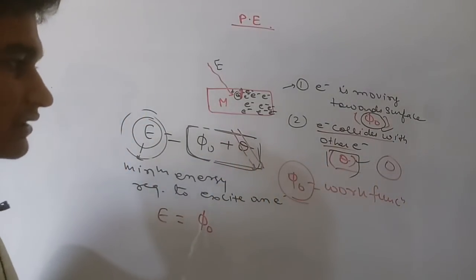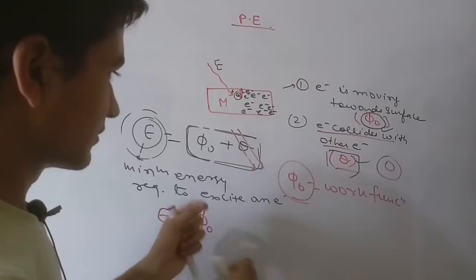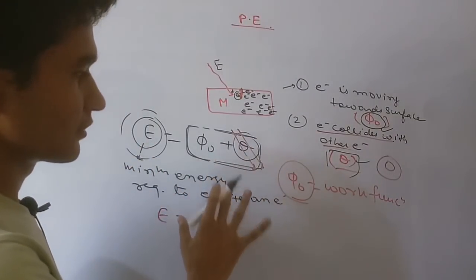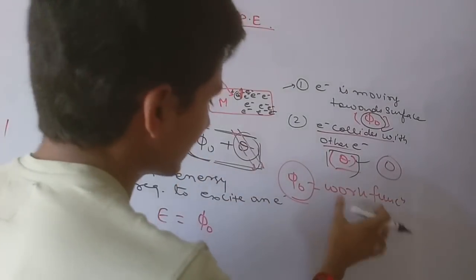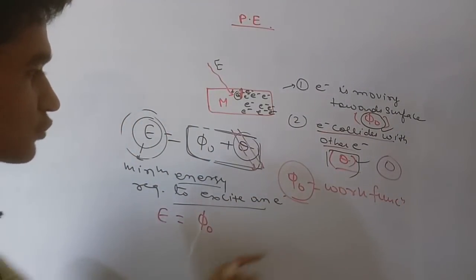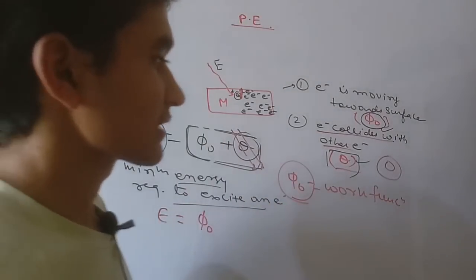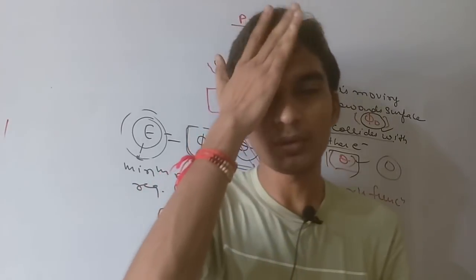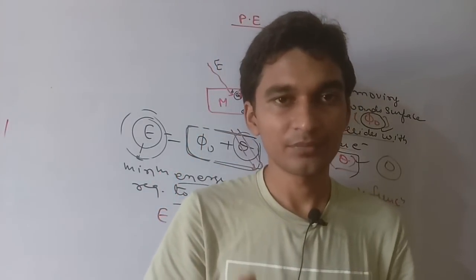But in general examinations we do not consider this wasted energy. So this phi naught is the work function, and it is equal to E, the minimum energy to excite an electron. So work function can best be defined as the minimum energy required to excite an electron from a metal surface. Clear? This much clear?